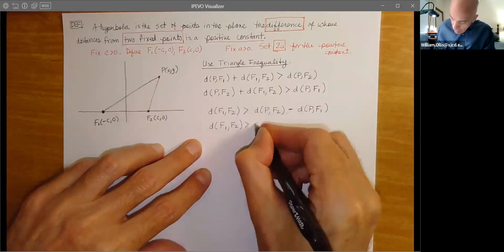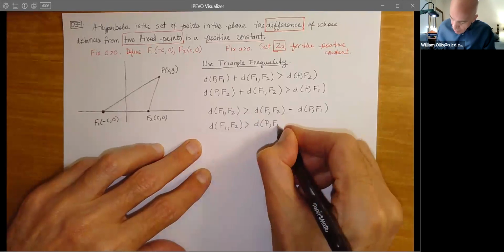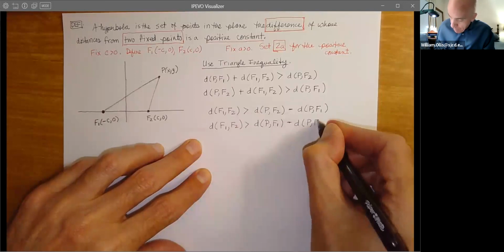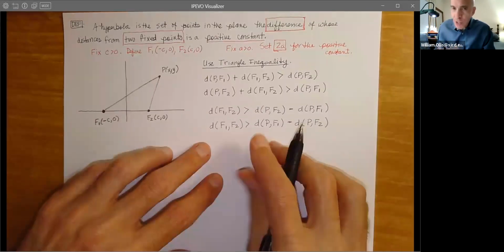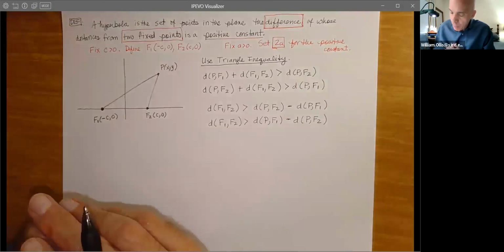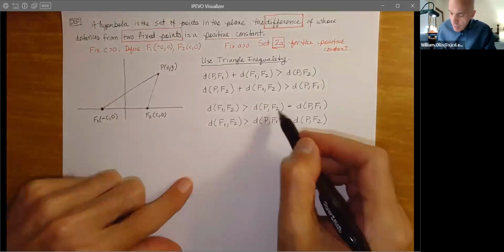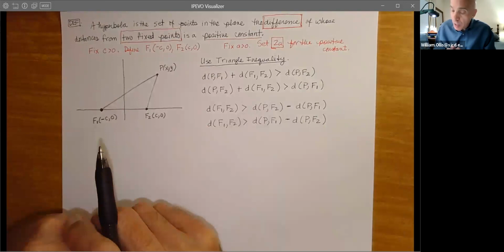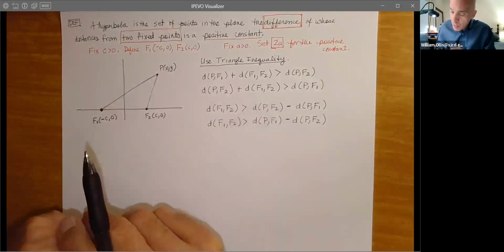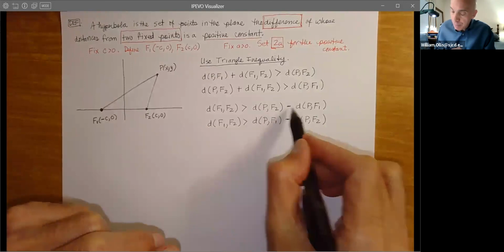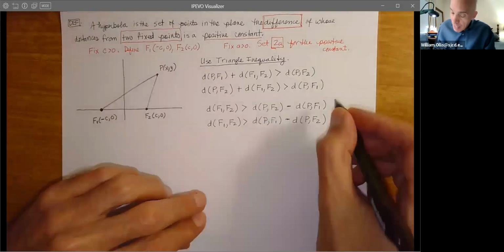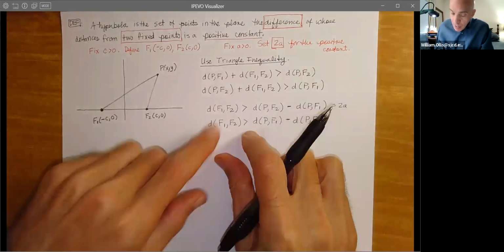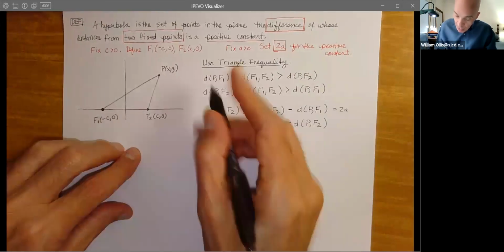So the distance P F1 minus the distance P F2. Well, the idea here is that if we actually have a point on the hyperbola, one of these actual differences here will correspond to the constant 2a. So for instance, if it's true that this particular difference is positive, by definition of the hyperbola, this would equal 2a. And of course, the distance between the two foci is just 2c.